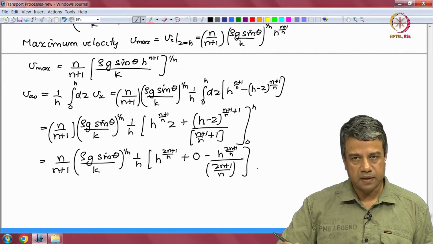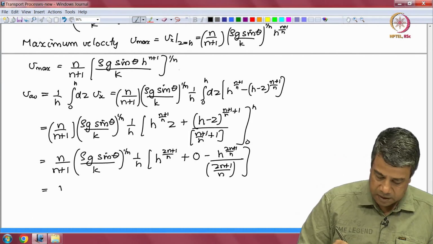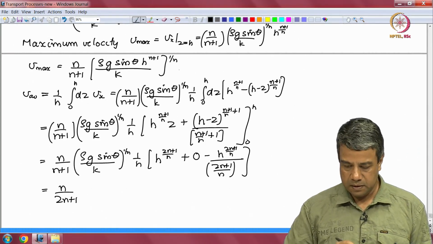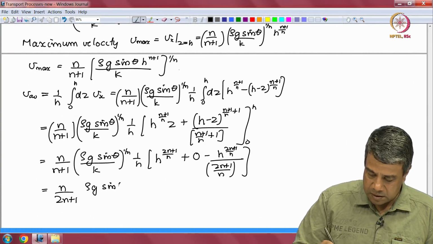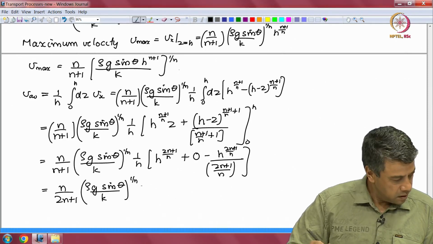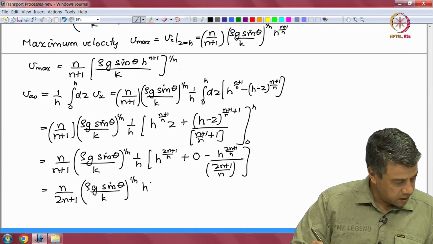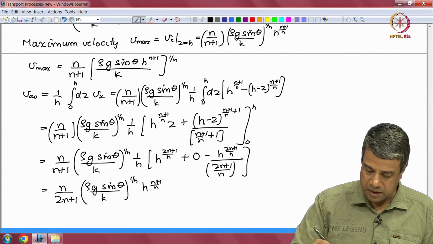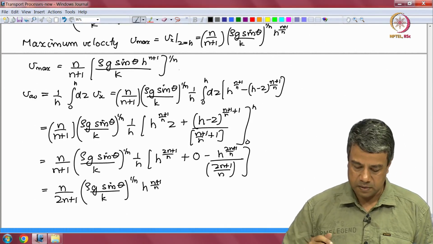And you can simplify this. I will just give you the final result: you will get n by (2n plus 1) into (rho g sin theta by k) power 1 by n into h power (n plus 1) by n. The 1 by h will cancel out with h power (2n plus 1) by n to give you just h power (n plus 1) by n.